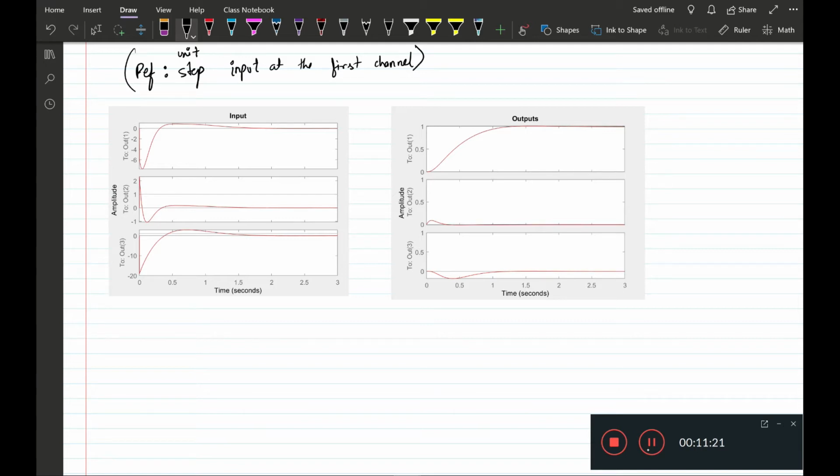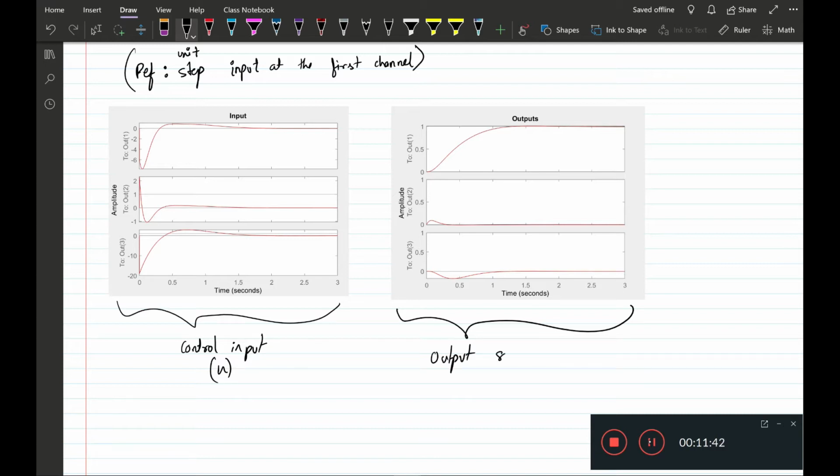Sorry, this one is the control input, so that is u, and this one is the output of the system, that is y.